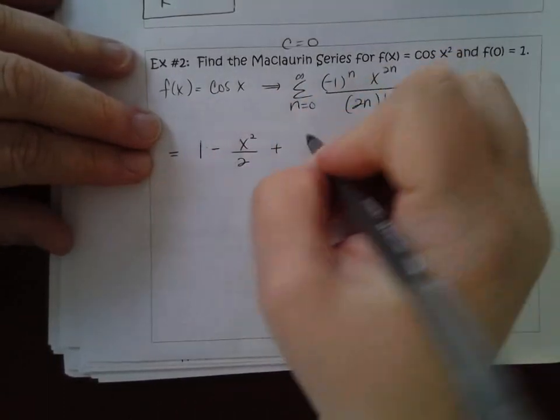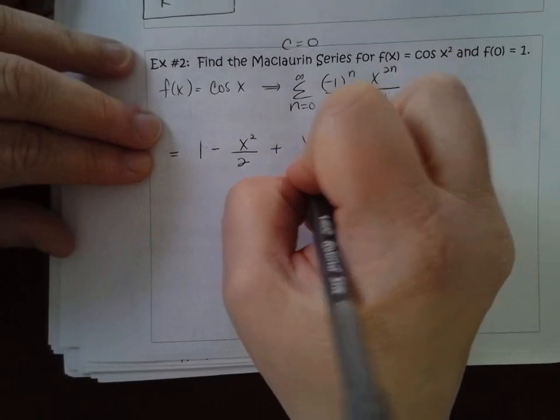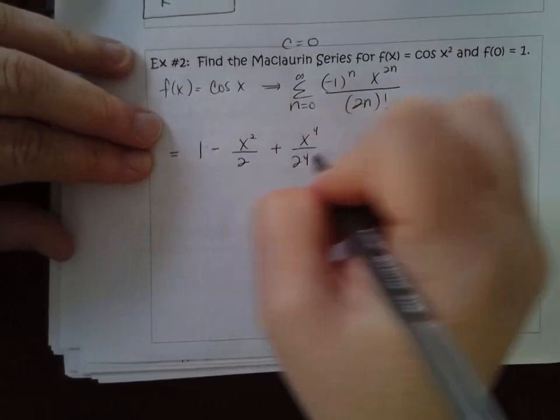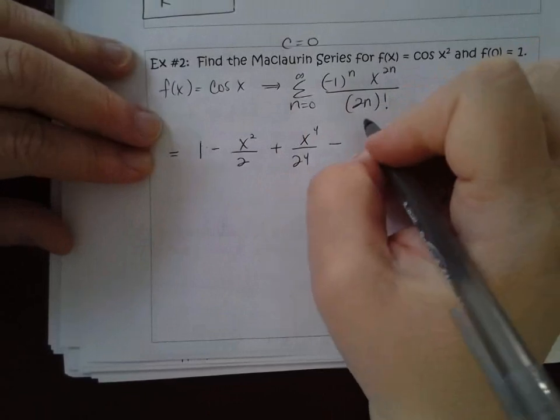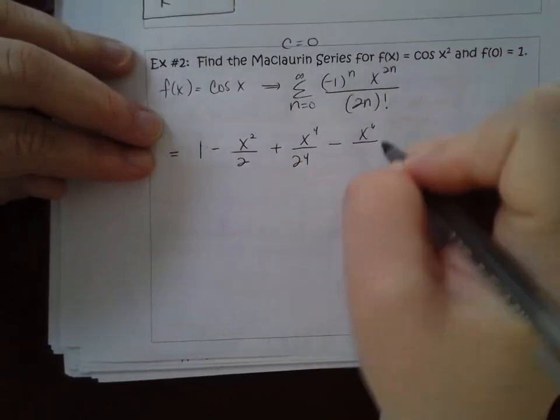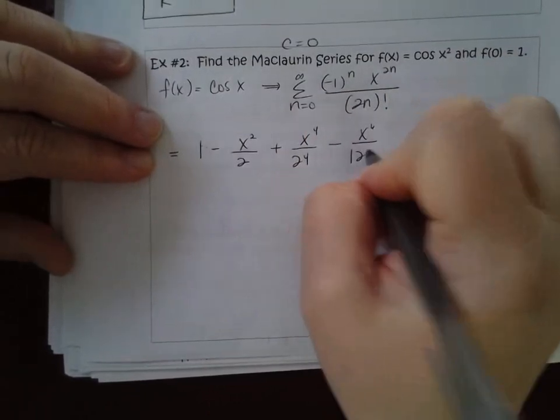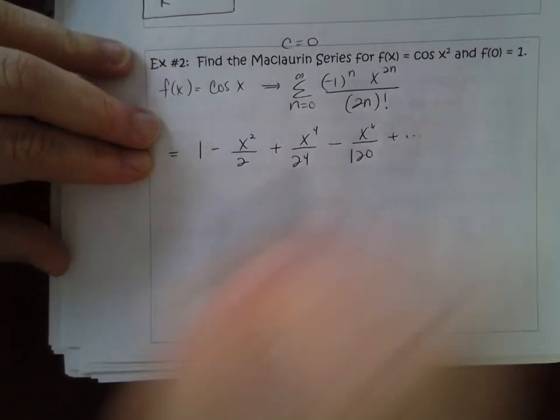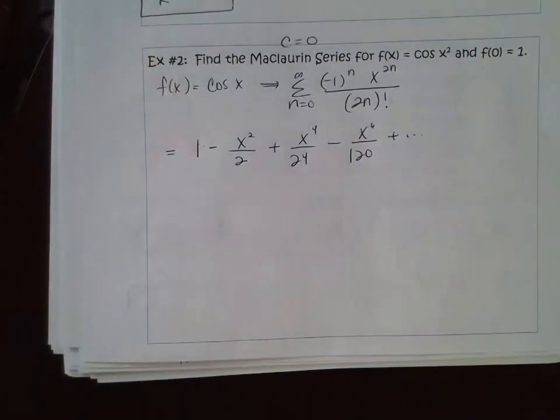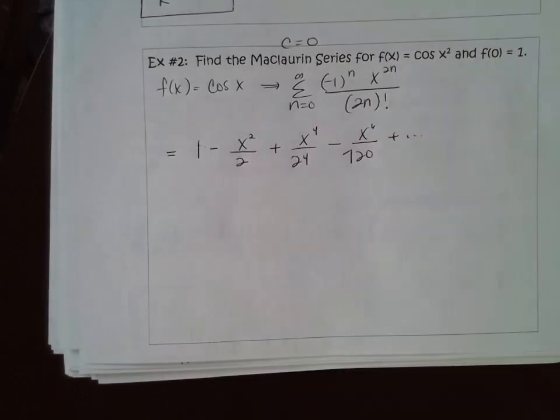If I plug in 2, I get positive x to the 4th over 24. If I plug in 3, I get negative x to the 6th over 720.